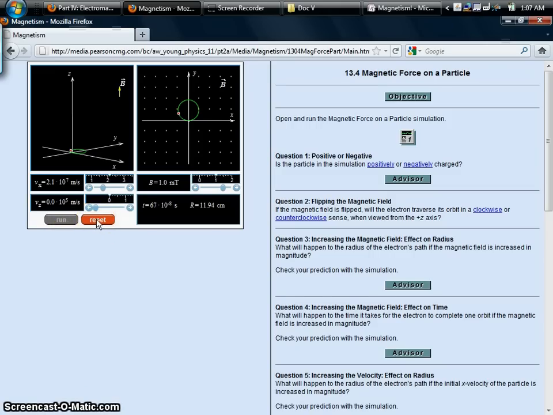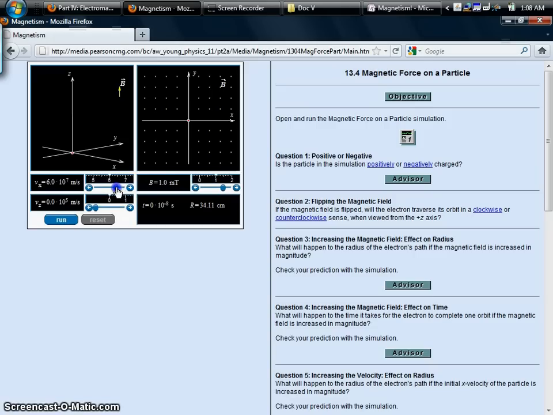Slow-moving particles get bent into a tight circle, small radius, and as we increase the speed, go as fast as we can, notice you get a much bigger circle, bigger orbit. Now this orbit forms in the xy plane as long as your particle is moving into the field perpendicular to the field.